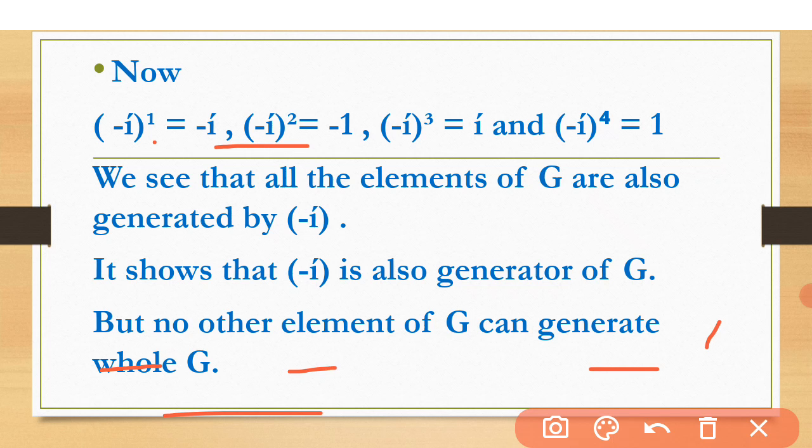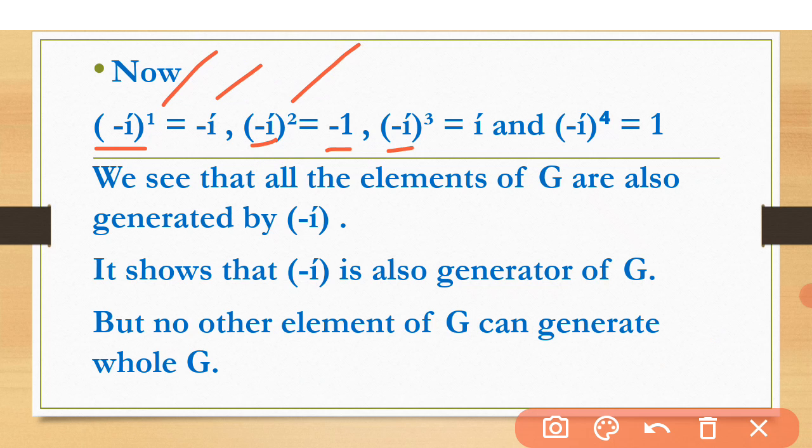Now, minus iota raised to power 1 is equal to minus iota. Minus iota raised to power 2 is equal to minus 1. And minus iota raised to power 3 is equal to iota, and minus iota raised to power 4 is equal to 1.